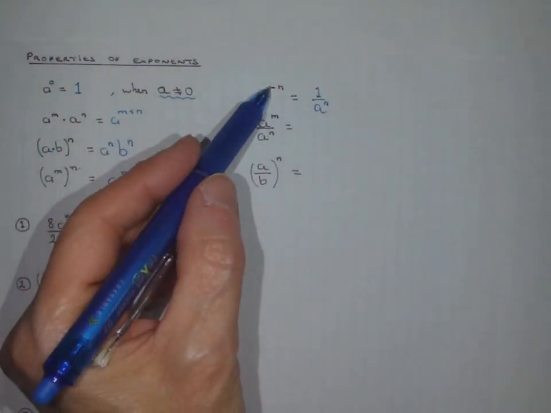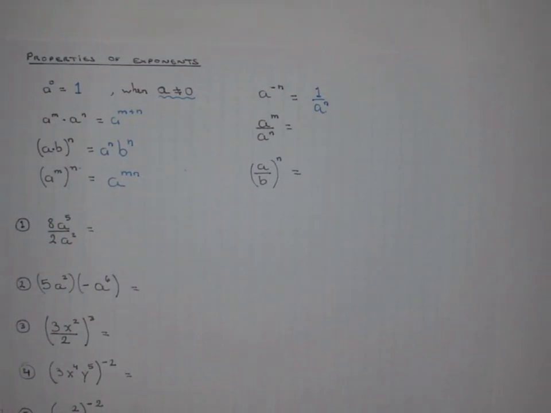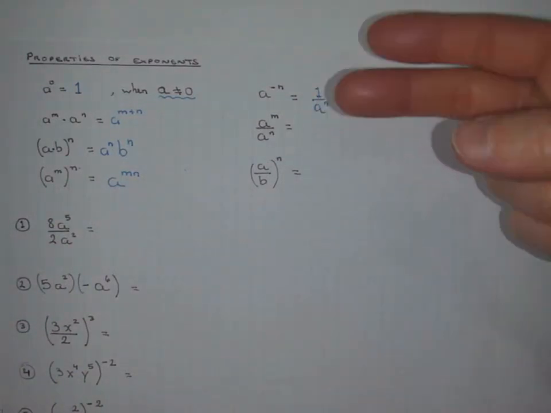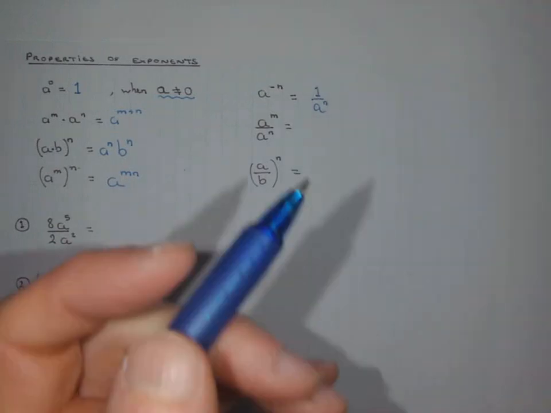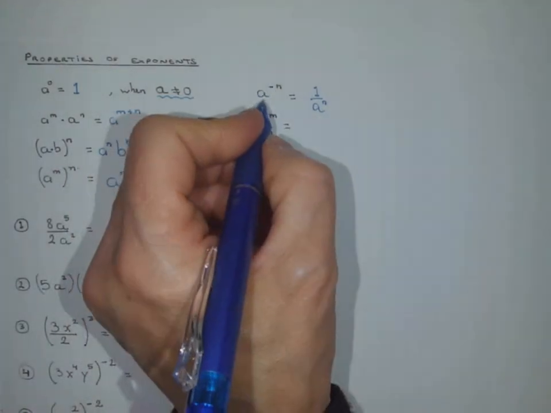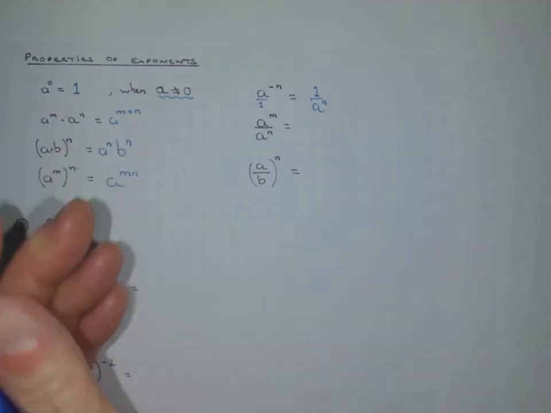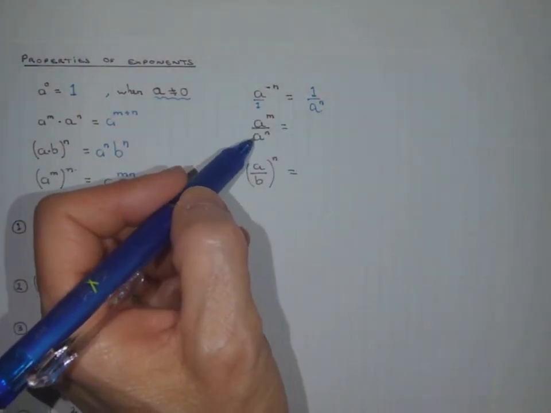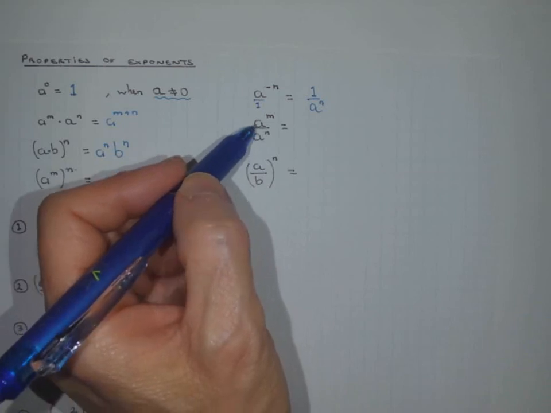So again, a negative exponent just means we want the multiplicative inverse. So we're going to take the fraction and do the reciprocal. And you're going to say, well, I don't see a fraction here, but that's the same thing as A over 1, right? Same thing.